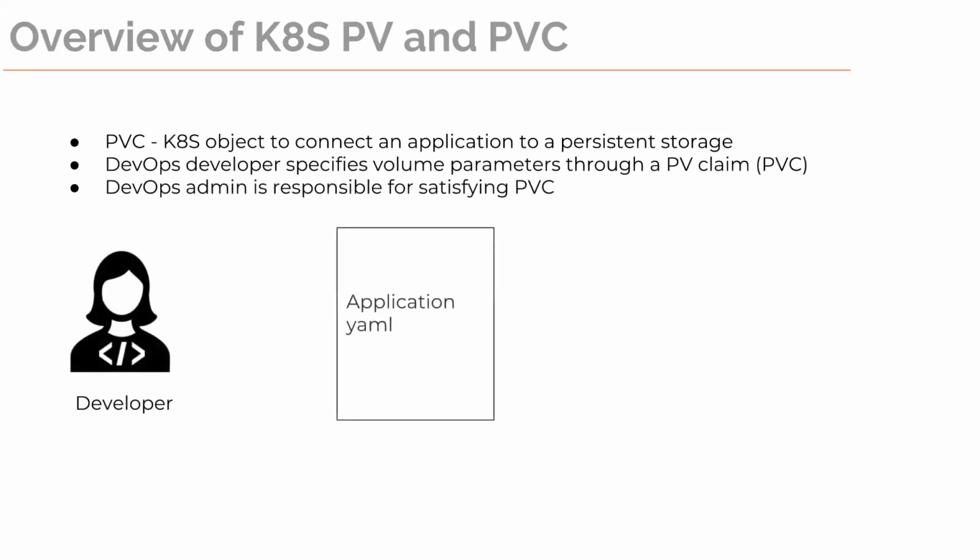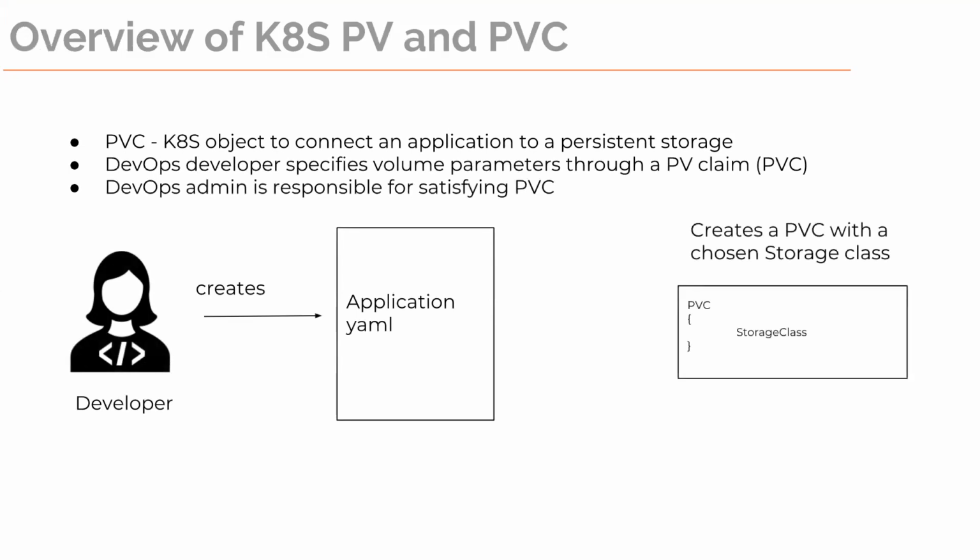To put it in a more graphical way, a developer is responsible for creating an application YAML, and expects predefined storage classes with various parameters, which we'll discuss in a minute. The developer creates a PVC, a persistent volume claim, and inserts that into the YAML file, and Kubelet will invoke the necessary execution paths as defined in the PVC.